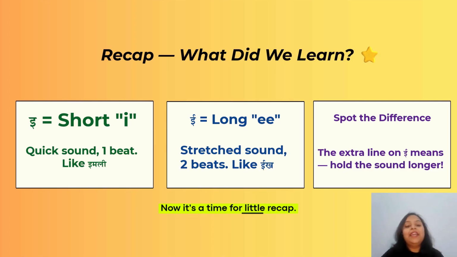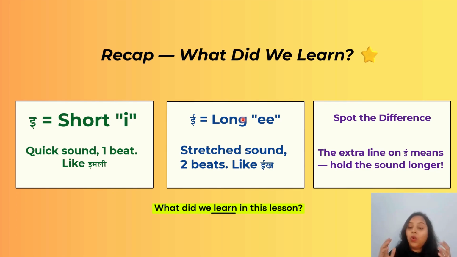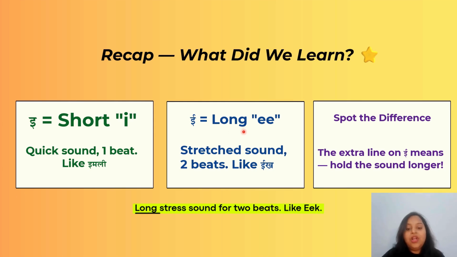Now it's time for a little recap. What did we learn in this lesson? E has a short sound. Quick sound for one beat. An example is imli. E has a long sound. Long stress sound for two beats like eek.